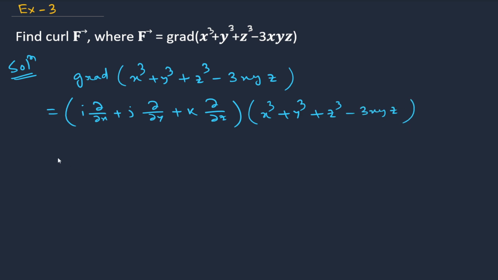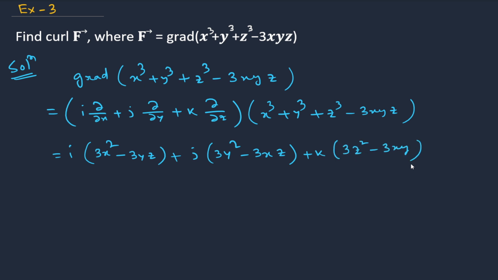Now you differentiate this: i into del del x of this whole term, you will get 3x square minus 3yz. Similarly, j into 3y square minus 3xz, k into 3z square minus 3xy.